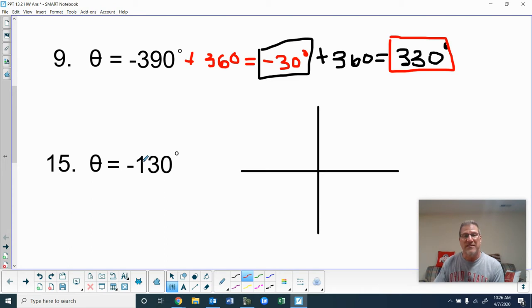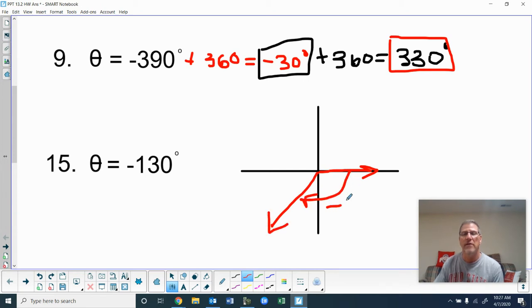So again, this is a negative 130, so I'm going to go this direction. If I start here and go negative 130, it's going to come down here. All right, there's my negative 130.